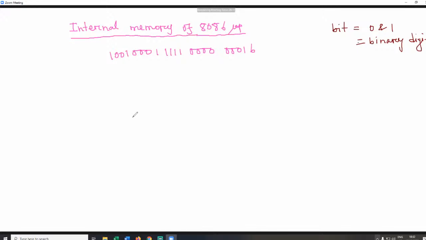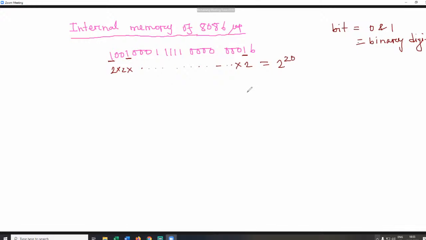If you apply the combination formula, there are 20 slots: first slot, second, third, fourth slot. According to the combination formula, each slot has two possibilities. So in total, 2 into 2 into 2, into 2, and so on. The possibilities are multiplied, right? So you get 2 to the power 20.